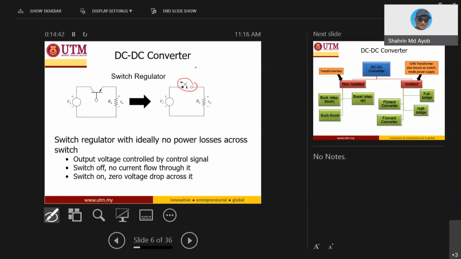So the power loss is 0 watt, meaning that the efficiency is 100%, meaning that your P in is equal to P out. So we want that: using the same transistors but a different operating region.